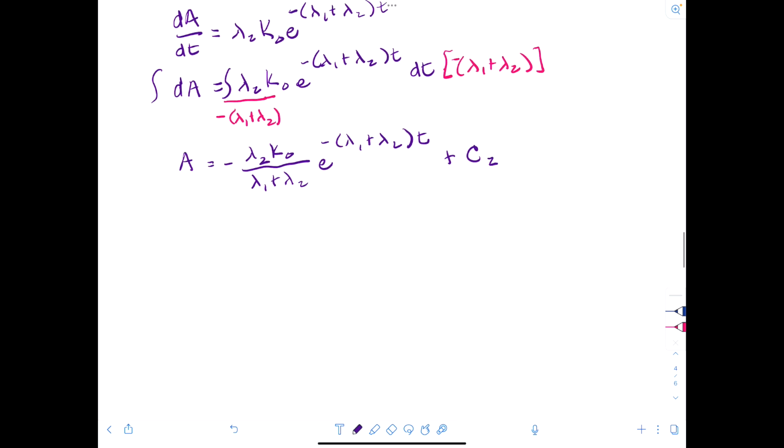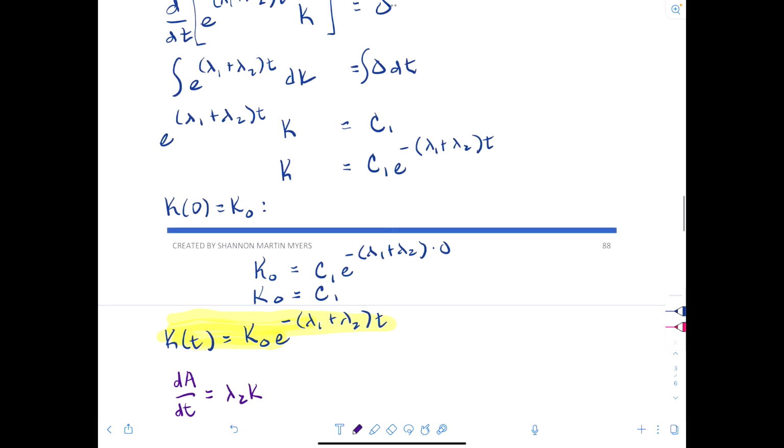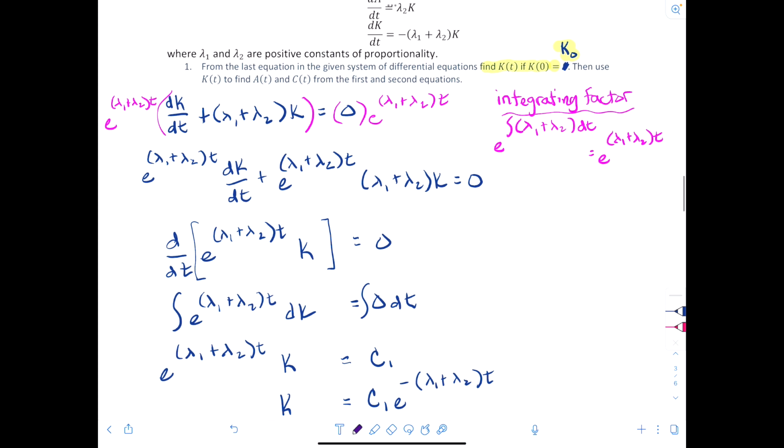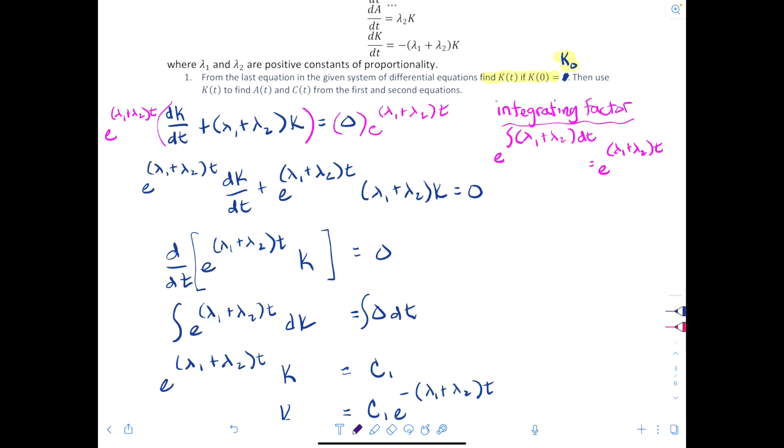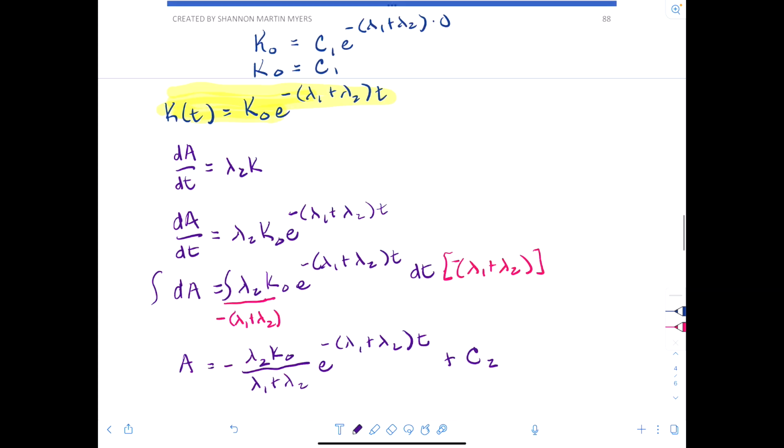Now, at time 0, there's 0 of the argon, right? Of the A at t, A at 0 is 0.